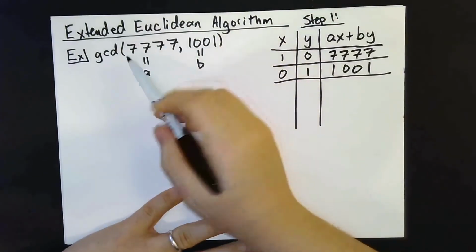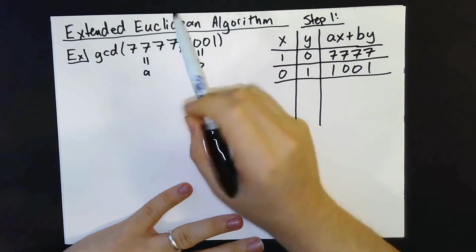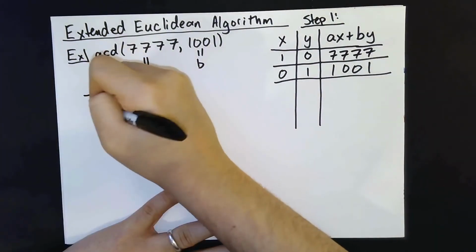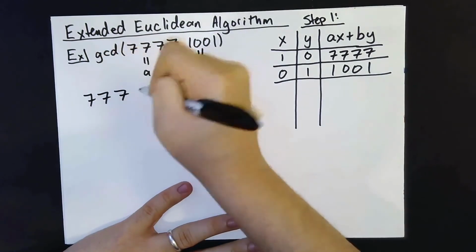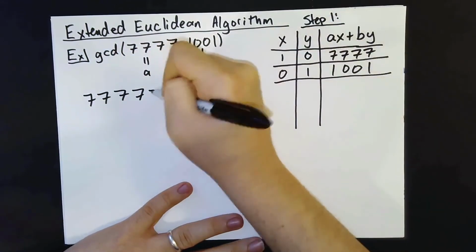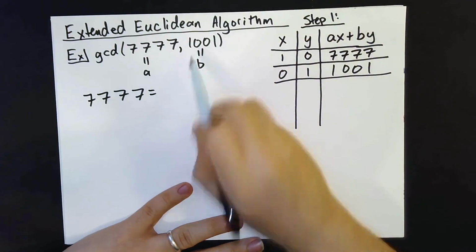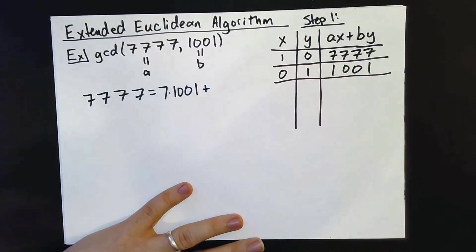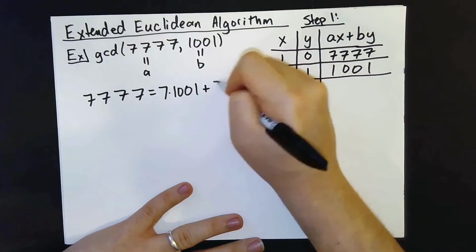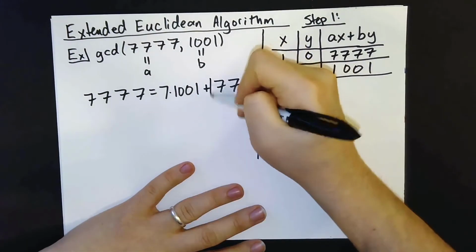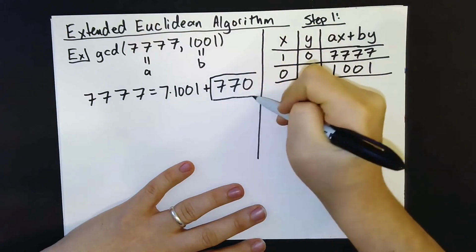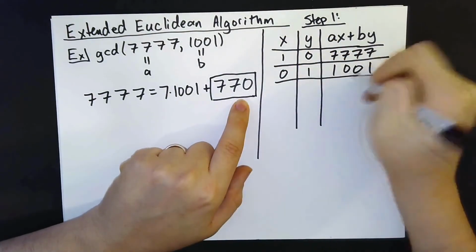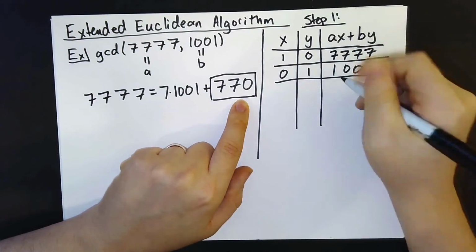Now, what did we do when we did the Euclidean algorithm? Well, we divided the bigger number by the smaller number. So I wrote 7,777 is, okay, and so that's going to be 7 times 1,001 plus, and then our remainder here is going to be 770. Now this remainder here, I am going to put into the next row of my table as ax plus by.